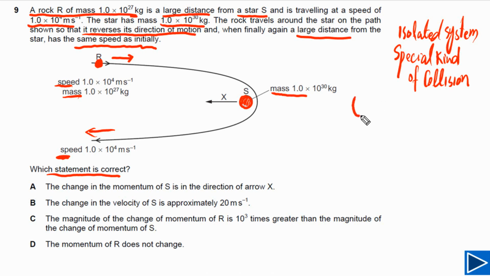Let's say we have two objects: object X and another object, object Y. These two objects collide with each other.